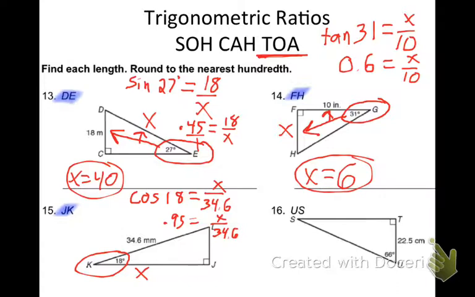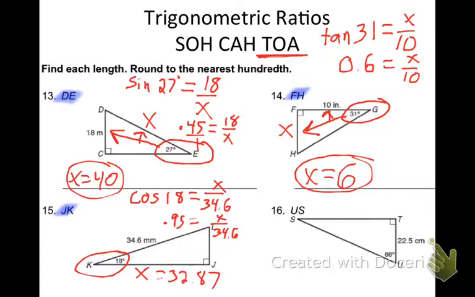What do I get x to come out to be, rounded to 2 decimals, the hundredth? Very good. X equals 32.87. Again, the biggest thing here is you have to understand SOHCAHTOA and set up the correct ratio with the correct trig function.